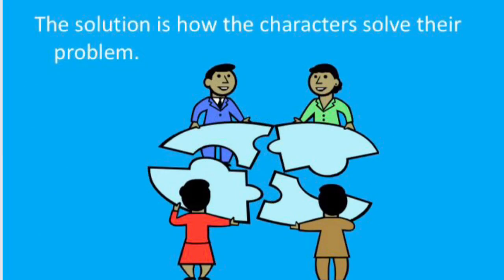And of course, you can't have a problem without a solution. The solution is how the characters in the story solve their problem. Just like you have a math problem for school and your job is to solve it, right?